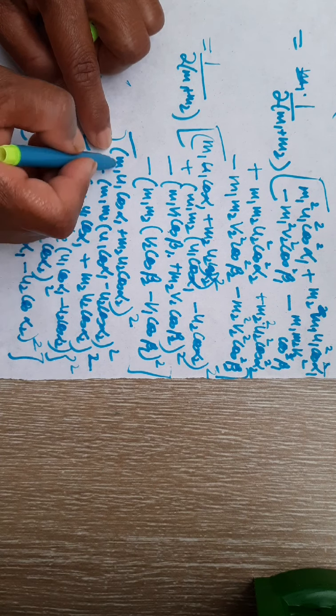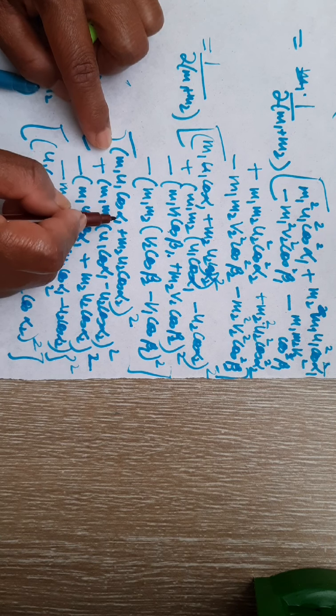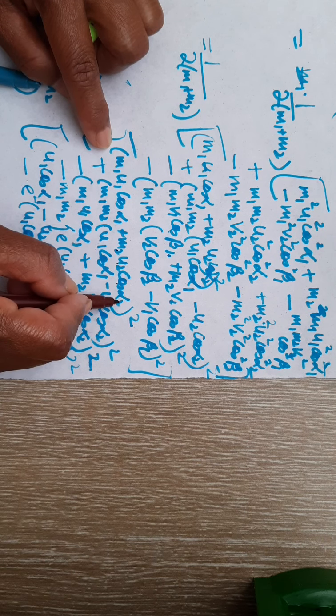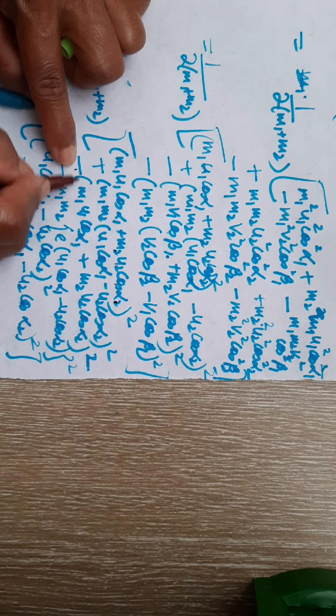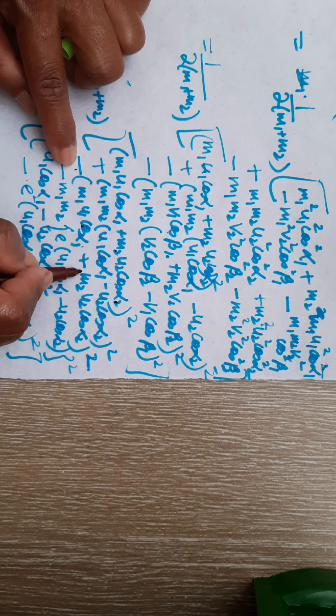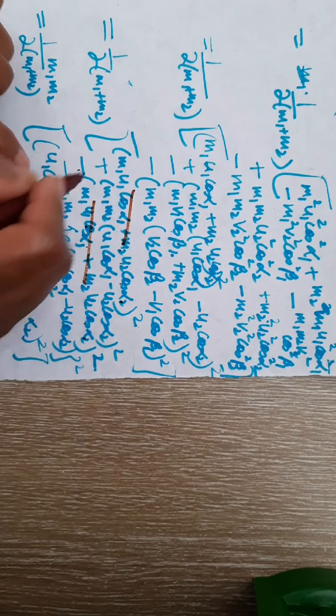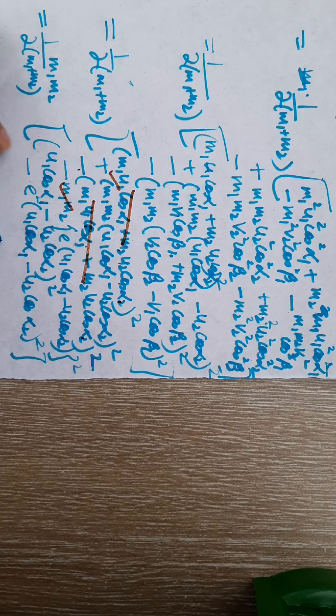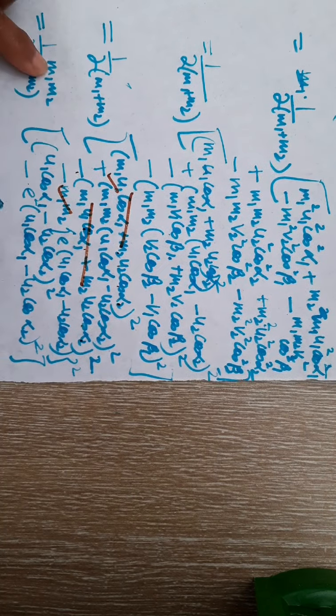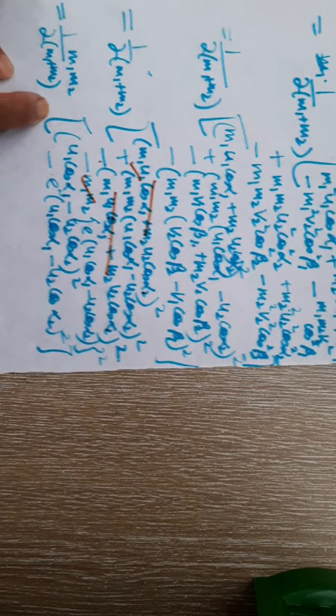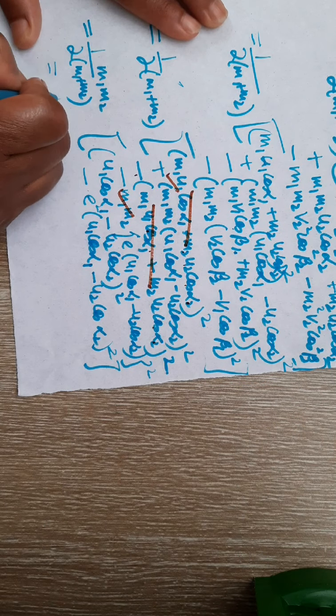You can see from here that the first term, this one, m1 u1 cos alpha 1 plus m2 u2 cos alpha 2 the whole square, but I have minus here m1 u1 cos alpha 1 plus m2 u2 cos alpha 2. So this one and this will be cancelled. So only the second term and the fourth term will remain there, where m1 m2 is a common factor. So finally, this one gives you the loss of kinetic energy.